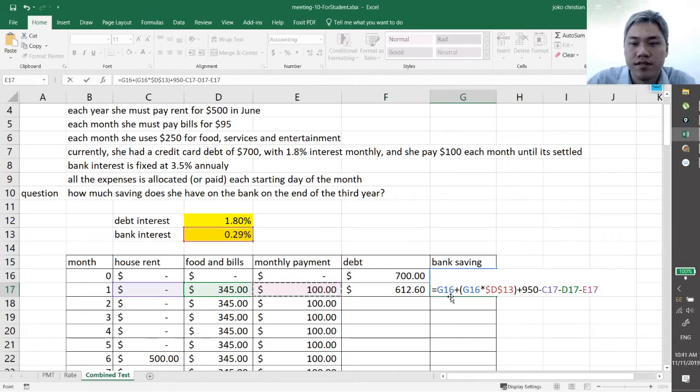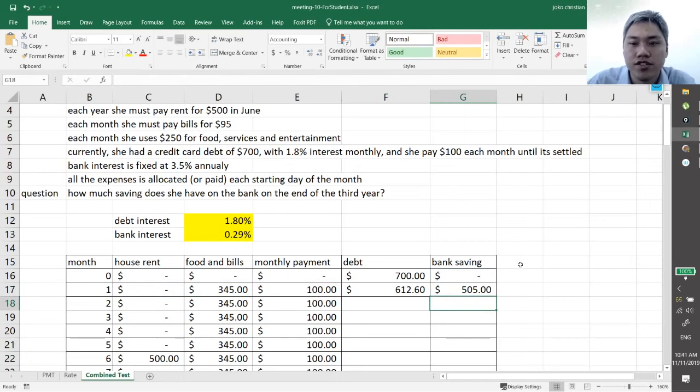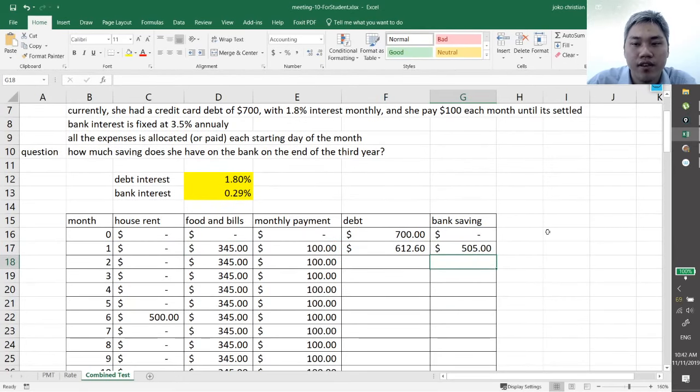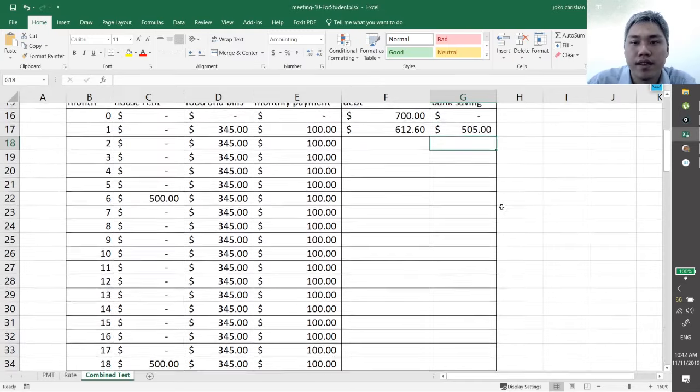See? This is the previous bank saving, the previous month. This is the bank interest for the previous month. This is her monthly salary. This is her house rent. This is her food and bills. And this is her monthly payment of credit card. So she has a bank saving of 505.